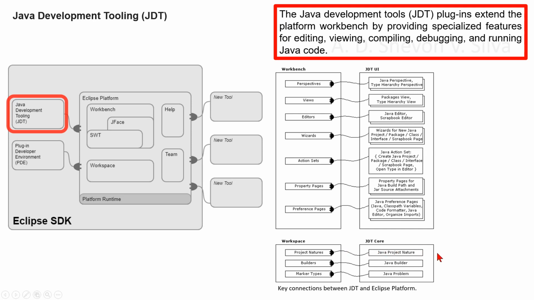This separation of UI and non-UI code allows the JDT core infrastructure to be used in GUI-less configurations of the Eclipse platform and by other GUI tools that incorporate Java capabilities but do not need JDT UI. This illustrates the key connections between JDT and the platform.